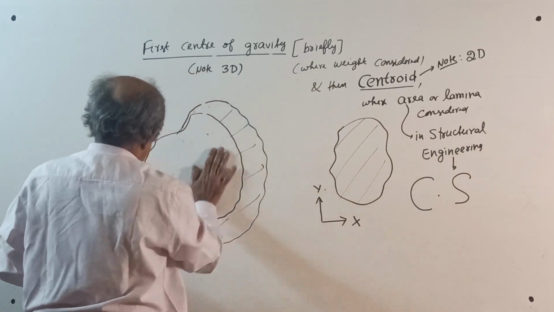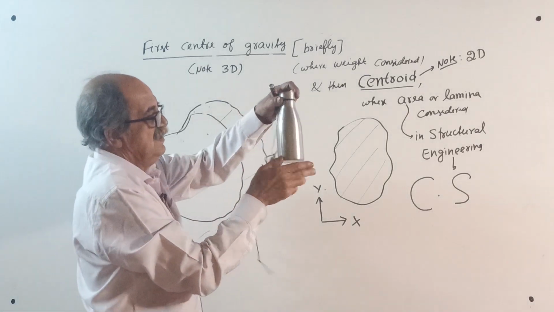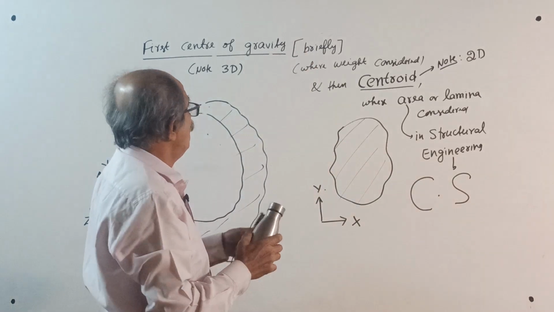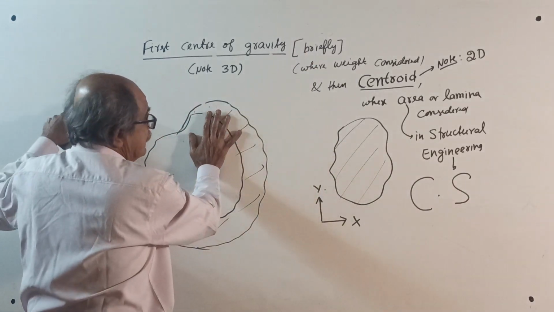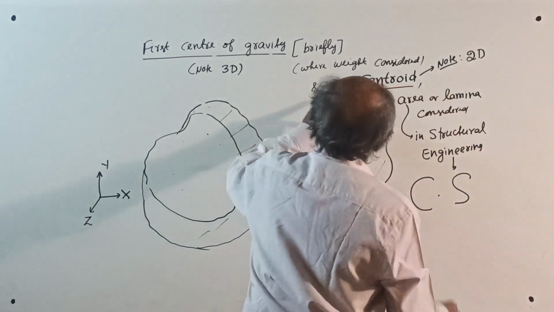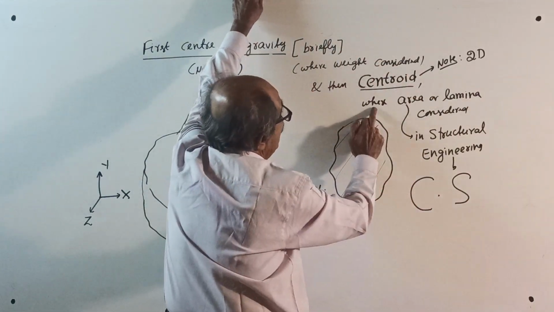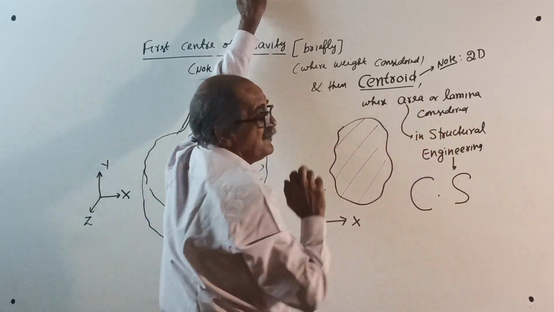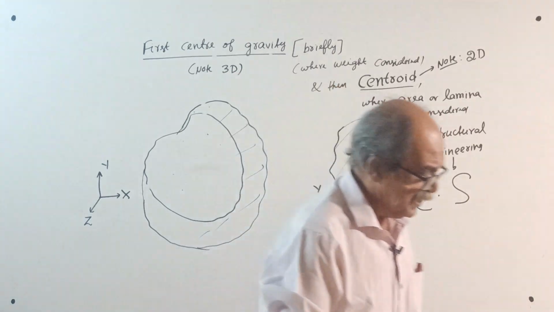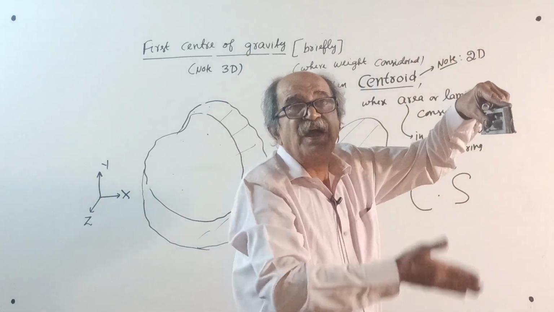Here you consider x, y and z. For example, x, y and z. Okay, for the time being, leave it. Come to centroid. Centroid is for 2D, where area or lamina is considered. In structural engineering, most important, it is for cross section.